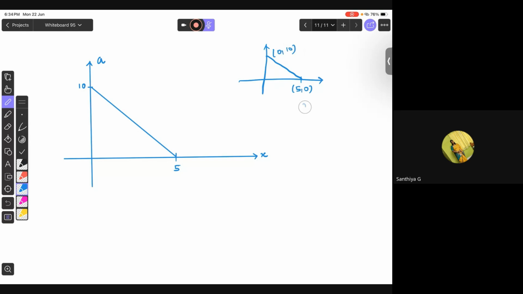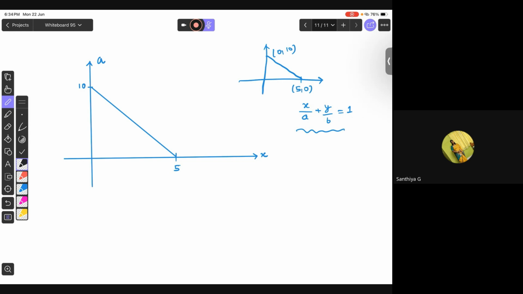So what was the equation of the line? x by a plus y by b is equal to 1. Or in case you don't remember it, at least you should remember y minus y1 equals m into x minus x1. Whatever way, you can find the equation of the line.